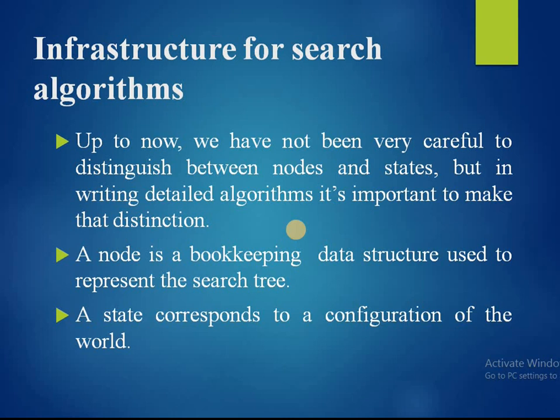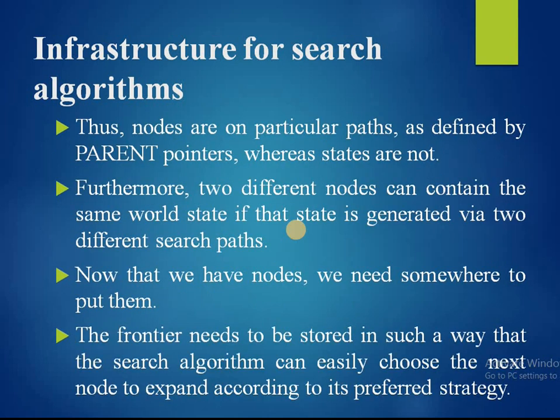A state corresponds to a configuration of the world. Thus, nodes are on particular paths as defined by parent pointers, whereas states are not. Furthermore, two different nodes can contain the same world state if that state is generated via two different search paths.